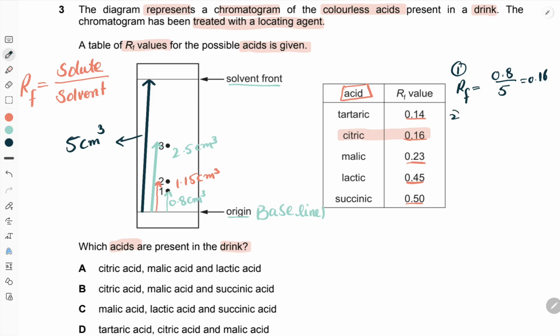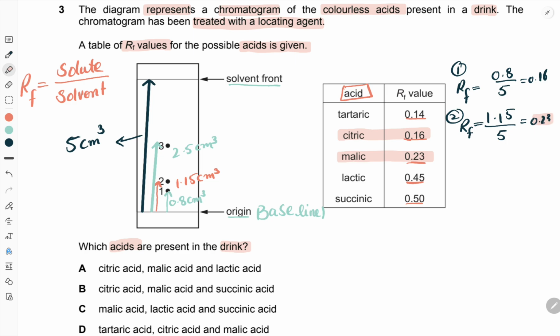The second spot, the distance traveled by the second spot is 1.15 over the distance traveled by the solvent, which is 5. So 1.15 divided by 5 is 0.23. So the second acid which is present in this particular mixture is maleic acid, which has the same value.